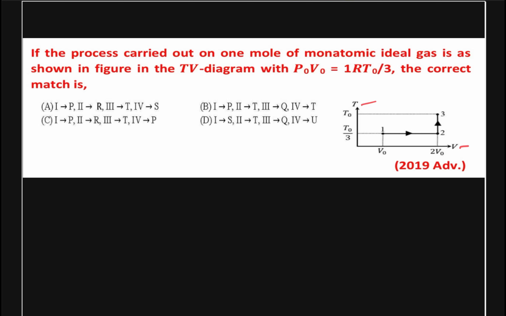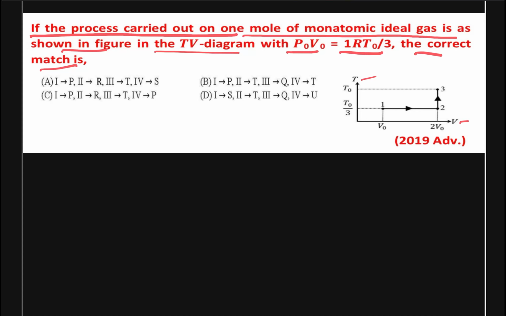So it states that if the process carried out on 1 mole of monoatomic gas is as shown in the figure, the TV diagram, and P naught V naught is equal to 1 by 3 R T naught, the correct match will be. Now we have to do it for the same, but because 1 to 2 is now isothermal, and 2 to 3 is still isochoric.